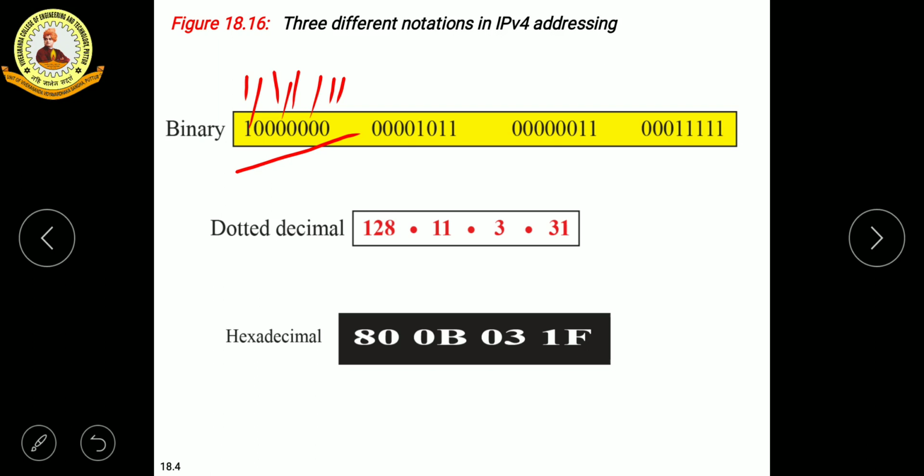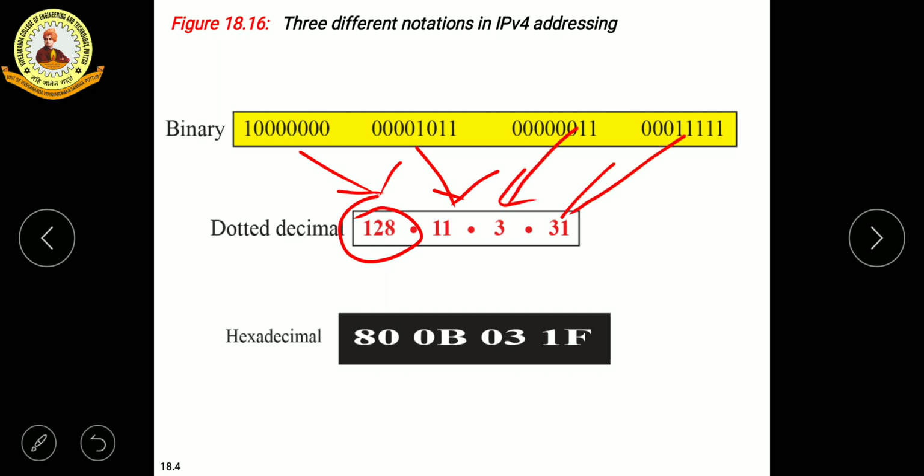So for one octet, one dotted decimal number will be there. This is conveyed by this, this, and this. So this is written as 128, this is written as 11, this is written as 3, this is written as 31. This is the more usual notation that we use in our day-to-day life.